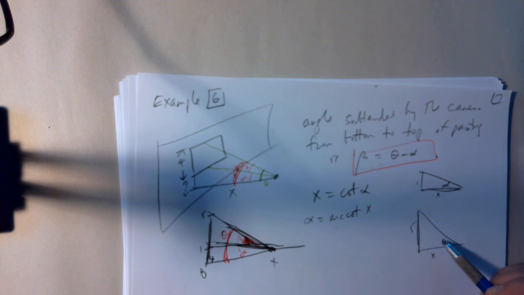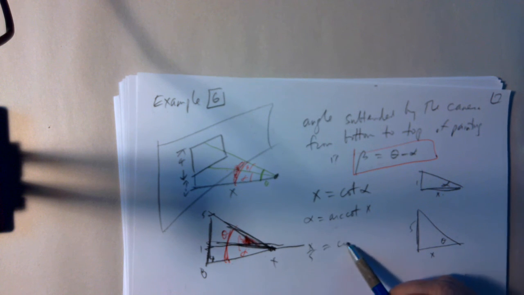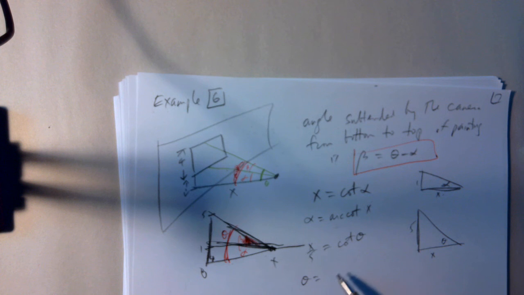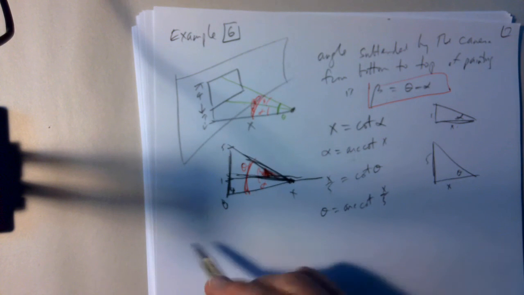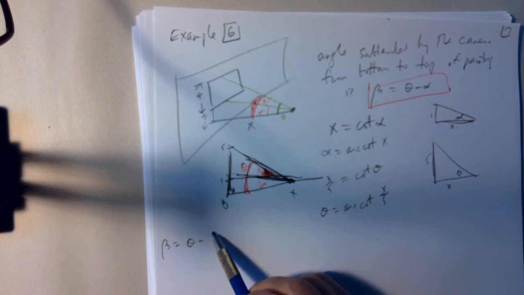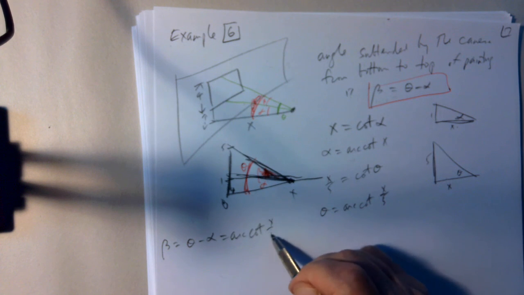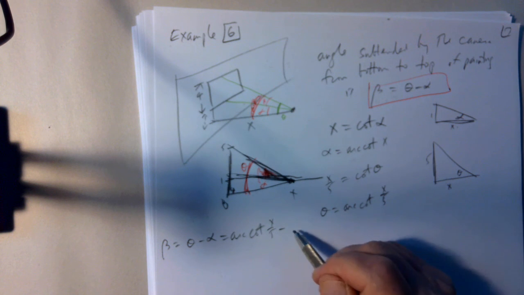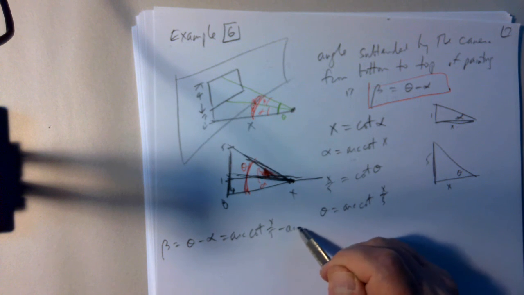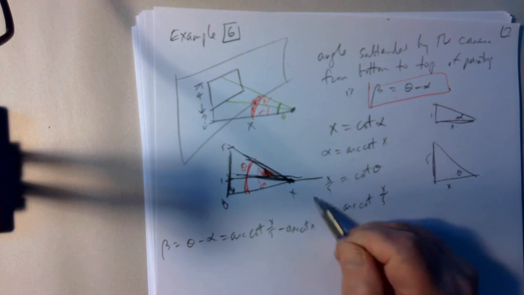So x over 5 is the cotangent of theta, or x is 5 cotangent theta, or theta is the arc cotangent of x over 5. So we have that beta, which is theta minus alpha, is arc cotangent x over 5 minus the arc cotangent of x.